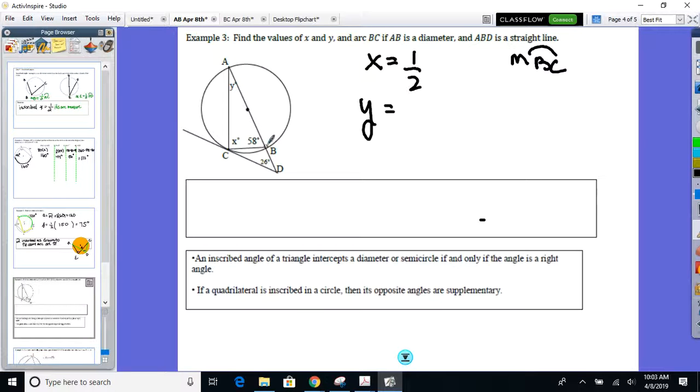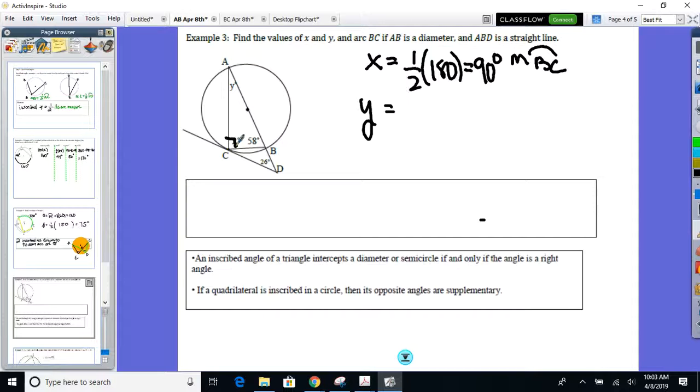From A to B, what do I call this? It's not a major, it's not a minor. It's a semicircle, which measures how many degrees? 180. So you're taking half of 180. That's a right angle, 90 degrees, because you're taking half of 180, a semicircle.